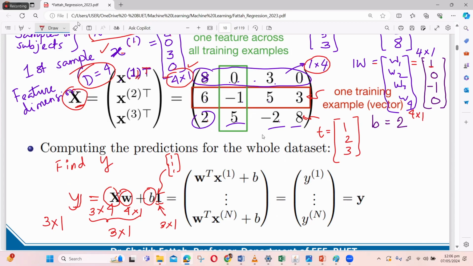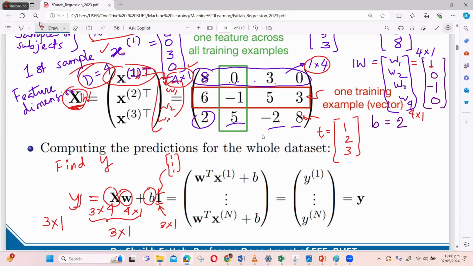If you break it down, X you are multiplying by W, again by W, again by W. What is your W? Your W is actually W1, W2, W3. So if you multiply X1 transpose by W, what is X1 transpose?